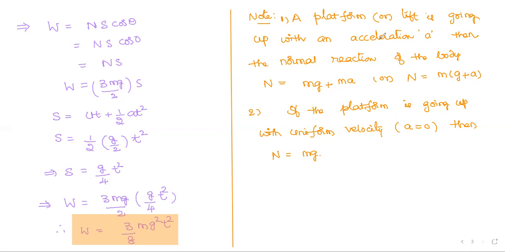You have to understand. So while looking at these kinds of problems, first you check, not this word going up, that is not important. Going up, correct, with an acceleration or with uniform velocity, that you check. Just by seeing the cover, if you judge the problem, you may get the wrong answer. Going up, directly if you take N is equal to mg plus ma and so on, if you try to solve the problem, you will get the wrong answer.